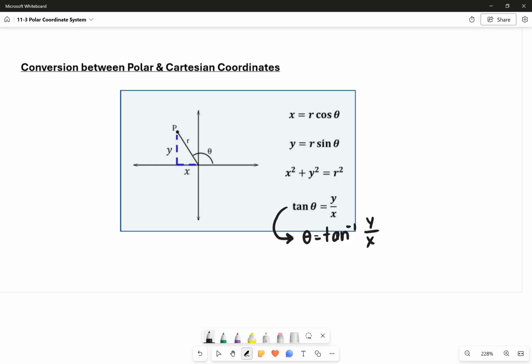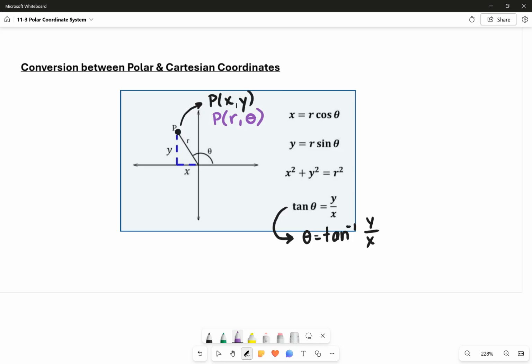Here they're showing you once again that if I'm trying to get you to identify point P, there are two ways you could have identified point P. You could have identified it as P is at x comma y, or you could have used P is located at r theta.